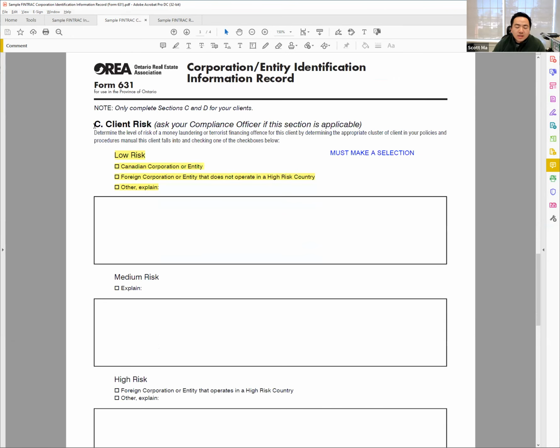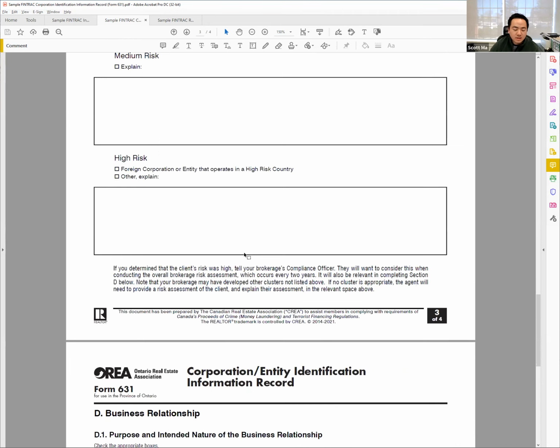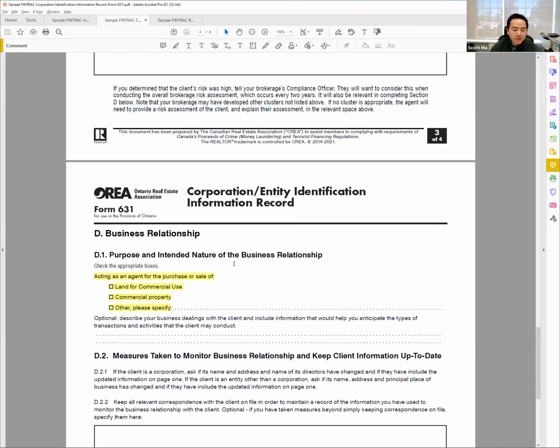And again, Section C is where you assess the client risk. So if they are a Canadian corporation or entity, you check this off and you're done. If they are a foreign corporation or entity that does not operate in a high-risk country, then they are still considered low risk. And if they are in a high-risk country, obviously that's high risk. And again, you need to talk to our managers and see what other obligations there are to keep the FINTRAC records.